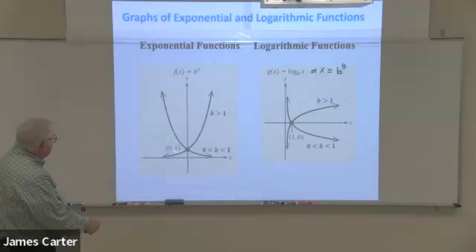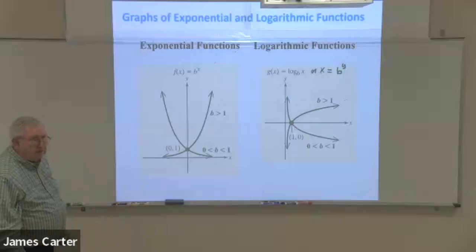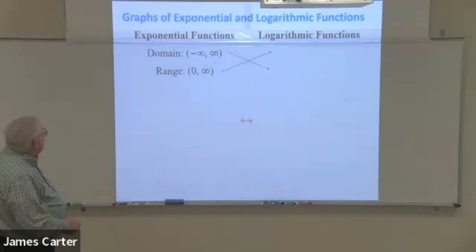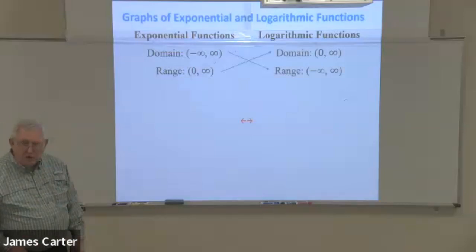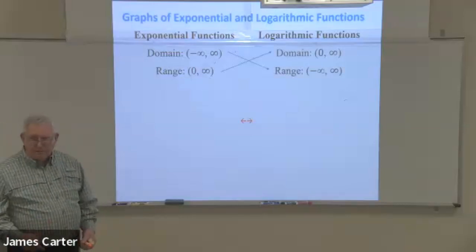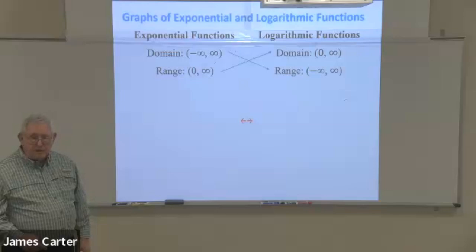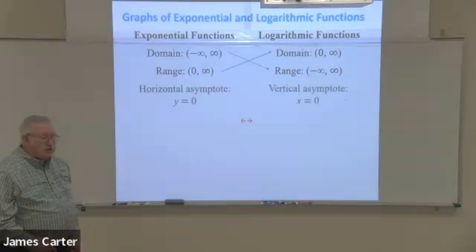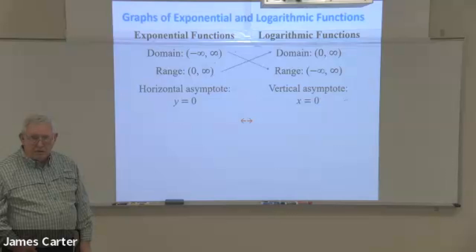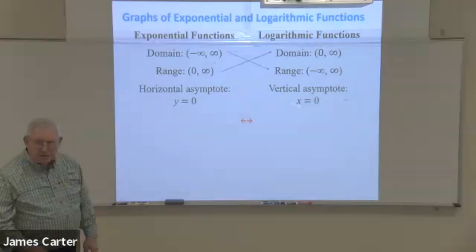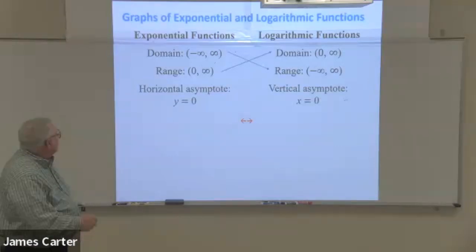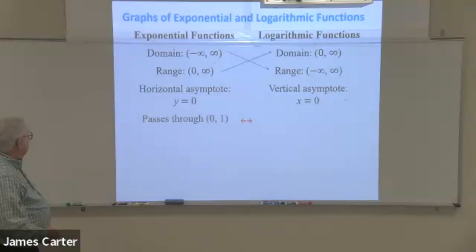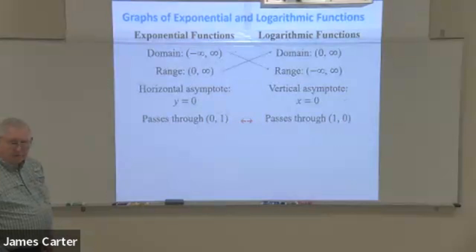Notice you got the 0.01, you got the 0.10 on the inverse. I mean, that's stuff we've hit before. The domains and the ranges switch. I've told you that numerous times. The asymptotes switch. Y becomes X. It goes through 1, 0, 0, 1.